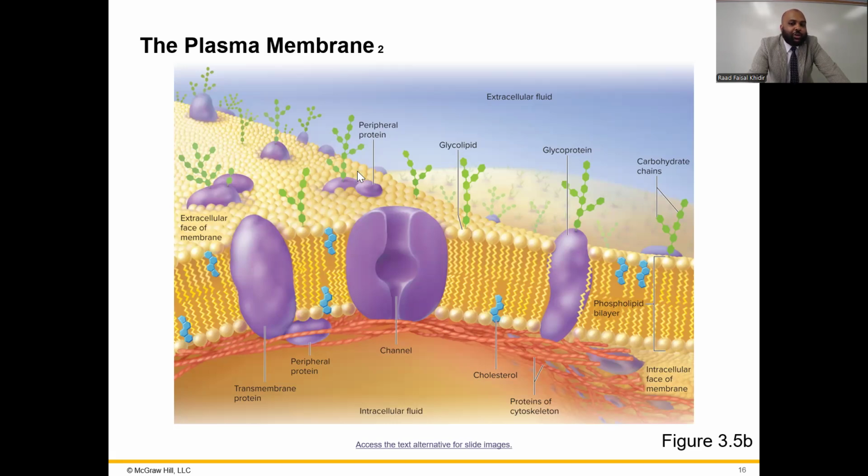We're not talking about sugar, we're talking about proteins that are either on the top leaflet or the bottom leaflet. These are peripheral because they are on the top periphery or the bottom periphery. And then you have proteins that span both layers of the membrane. These are known as transmembrane proteins.